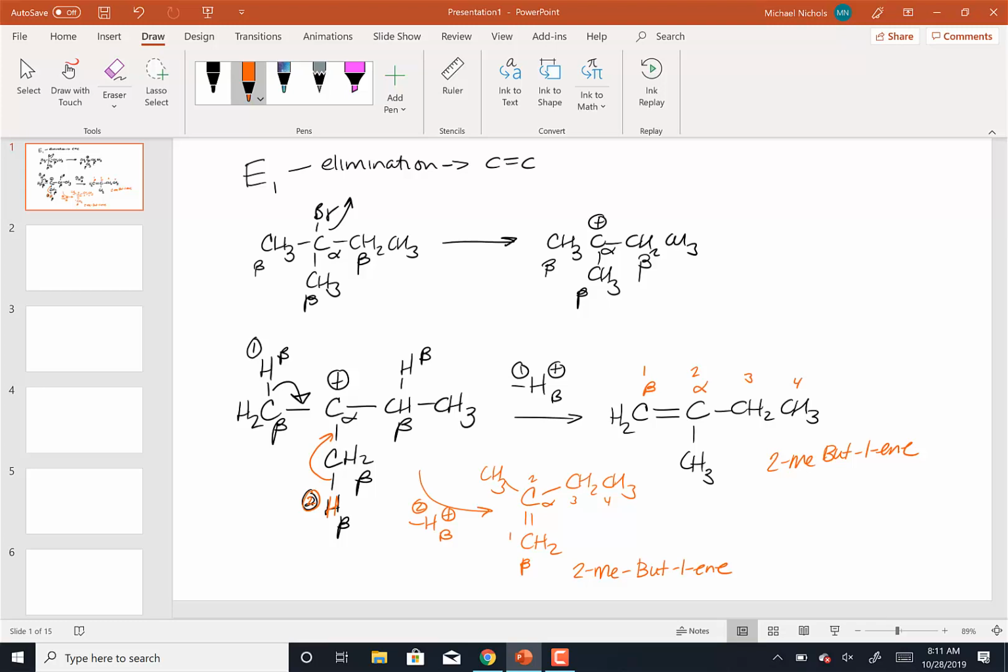So this is the first possible product of E1, is this one. Everybody with me? Do I not need to go over this? So let's get the other product done.